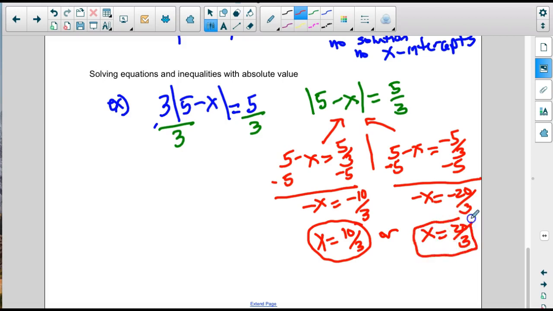So if I were to put 20/3 in here and subtract 5 from it, then multiply by 3, I would get an absolute value. I would get 5. If I put 10/3 in there, I would get the same 5 out of the thing. Alright, so that's solving an absolute value.